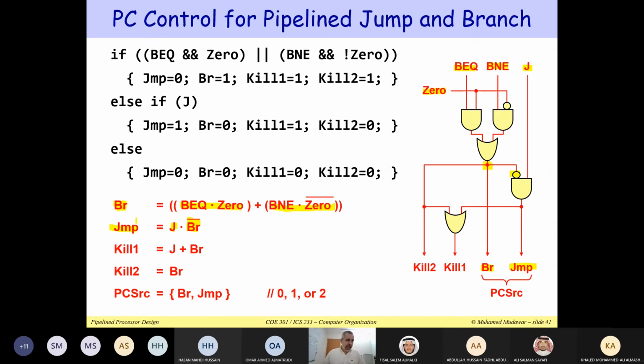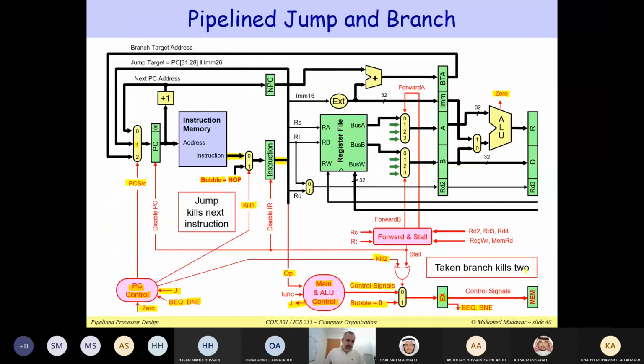The jump will not take place, the branch will take place. So we'll have here 1, 0. This will be 1 and this will be 0, and this means that we are going to branch. We are not going to jump. This is handled here by the PC control. PC control can detect this situation and handle it properly. I just wanted to mention this.